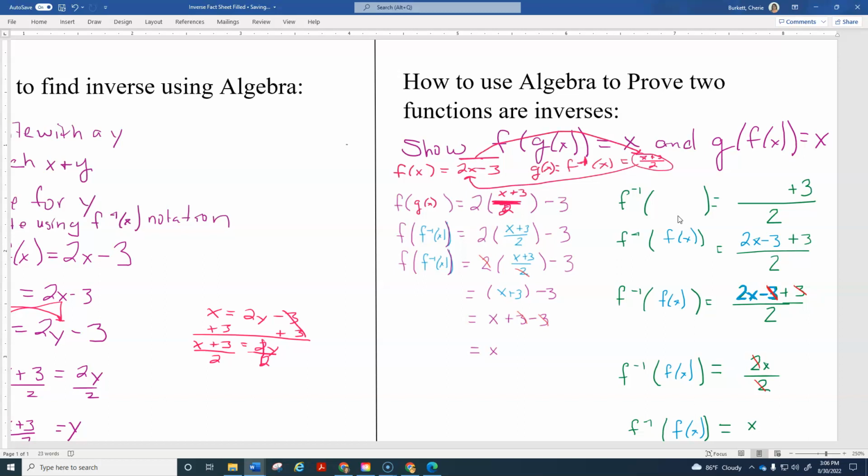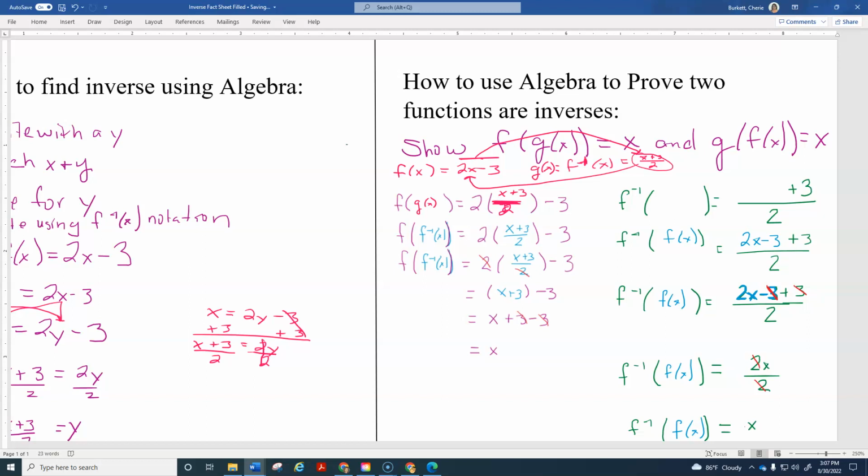It goes right there. So now we have 2x minus 3 plus 3 all divided by 2. Well, plus 3 and minus 3 add together to give you 0. So that just simplifies down to 2x. The 2's divide out. 2 divided by 2 is 1, so you have a coefficient of 1x. It takes a lot of work to prove that two functions are inverses of each other, but that's what it is.